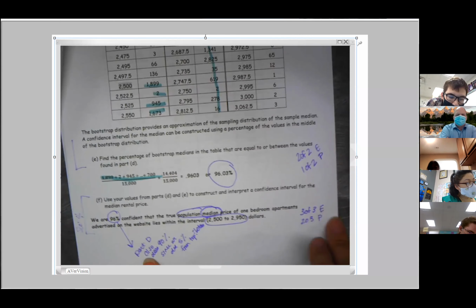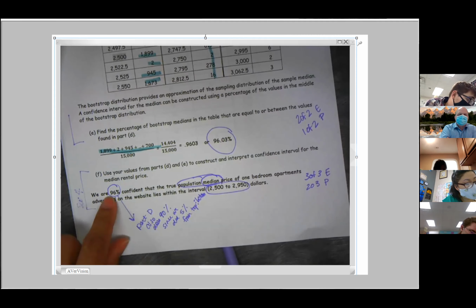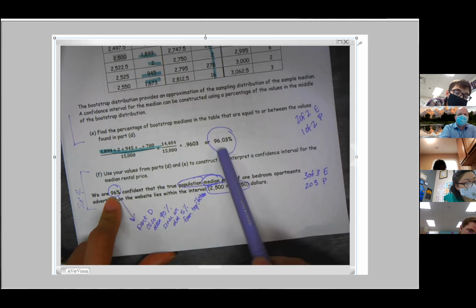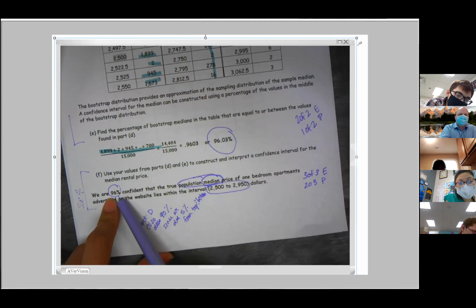Section 4 is interpretation of your confidence interval. They're looking for 3 parts. The 3 parts they're looking for is that you identified correctly what kind of confidence interval we have. They were accepting 2 answers, one based on part E, your 96%. If you calculated incorrectly here, but used it here, that does not count as a secondary error.